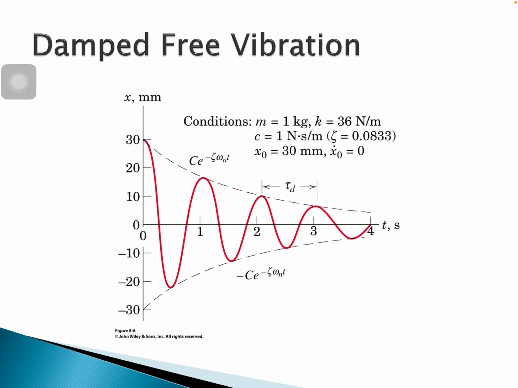Anyway, in the end, it will damp the motion, and the motion will stop. Okay, so in this case, we know the initial condition. At time 0, we have displacement equal to 30 millimeters and the speed is equal to 0. So we can calculate the value of C right here.